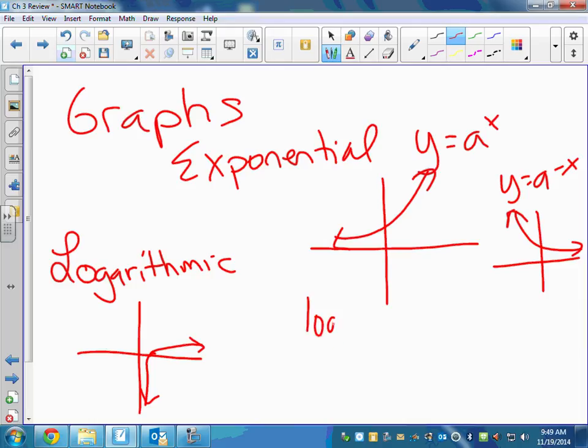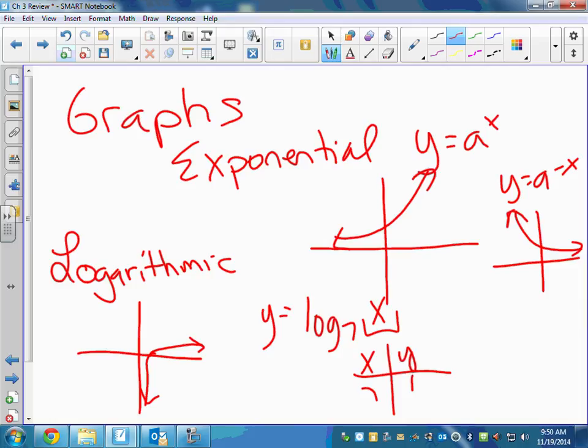If I gave you log base 7 of x, right? Not giving you a calculator, so you can't use change of base, or you can't use that button if you have that button on your calculator. You've got to be able to pick powers of 7, right? That's what goes here. So if I was going to pick values here, I could pick 7, because if I pick 7, log base 7 of 7 is an exponent of 1, right?